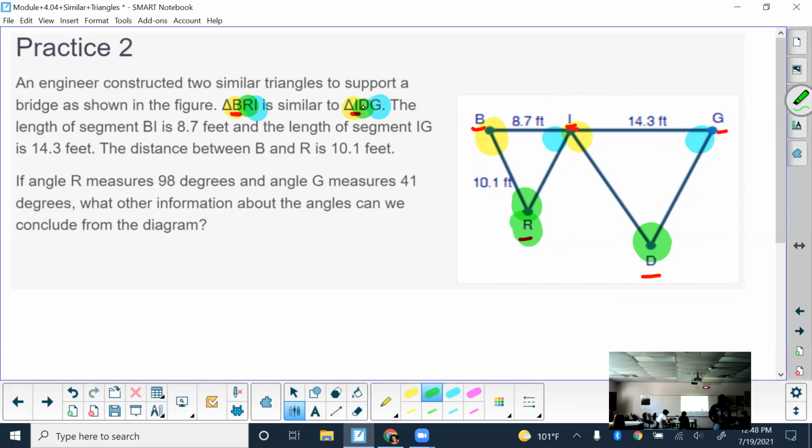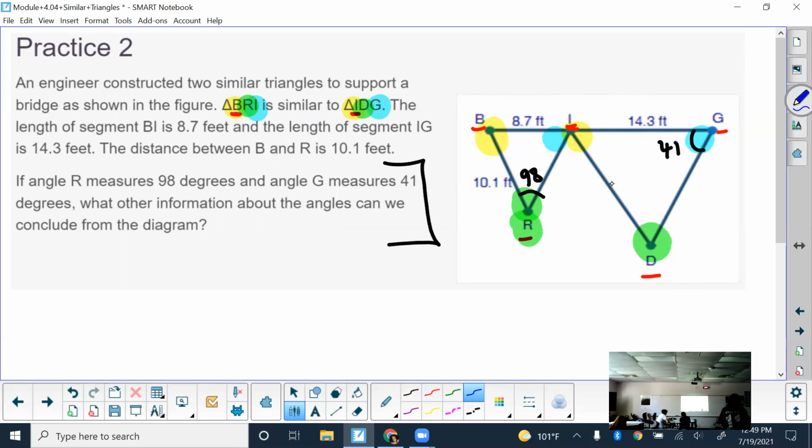If angle R measures 98 degrees, and angle G measures 41 degrees, what other information about the angles can we conclude from the diagram? All right, so let's try labeling these other angles just with the information it gave us. Anything that we add, I'll put in blue.